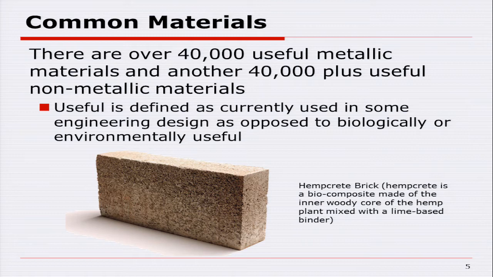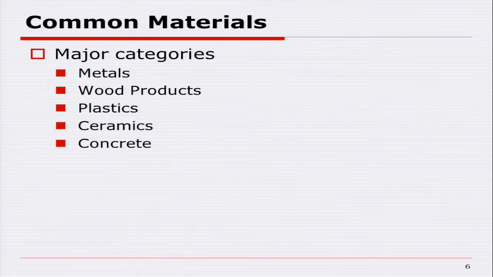It's made from the inner woody core of the hemp plant, and it's mixed with a lime-based binder, but there are some characteristics of the inner core of hemp that make it very unique and give it the capabilities that it has with respect to binding with this lime-based cement.